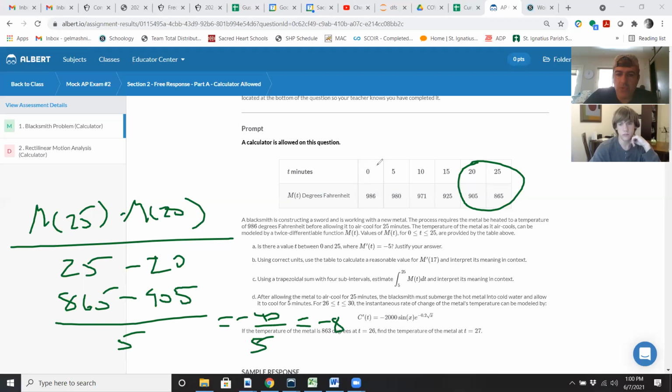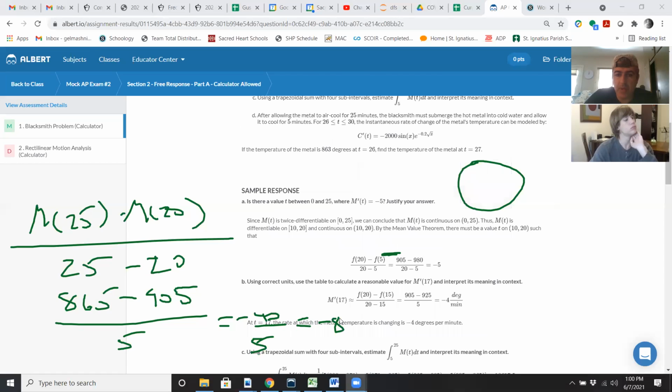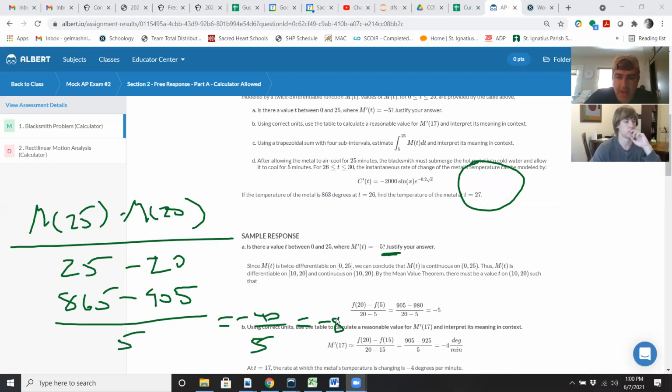So when I went from 0 to 25, I had -4.84. From 20 to 25, I had -8. Because -5 is in between those two numbers, the answer is yes. And that's because of the intermediate value theorem for derivatives, which is something we didn't really talk about. They did something kind of crappy. I think they would accept the IVT argument, just so you know.